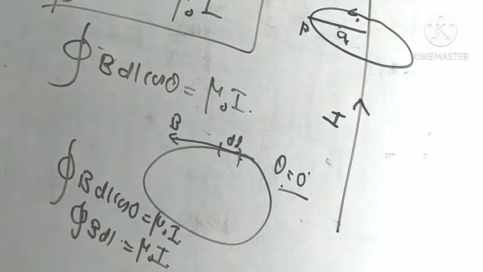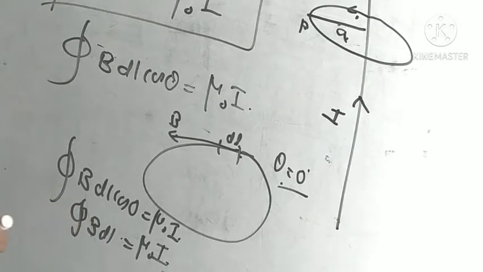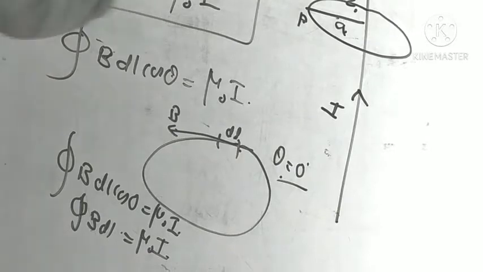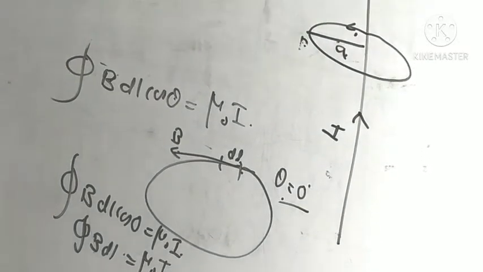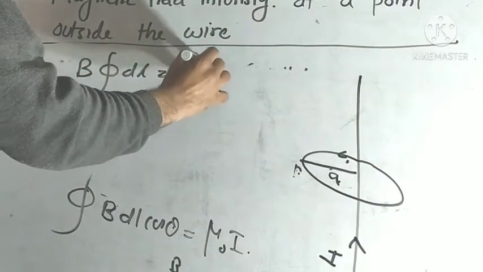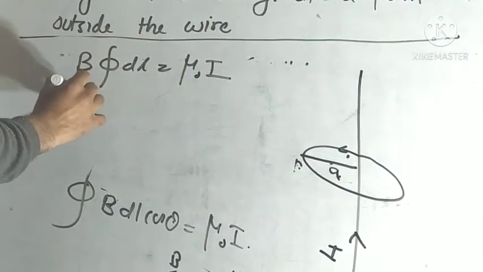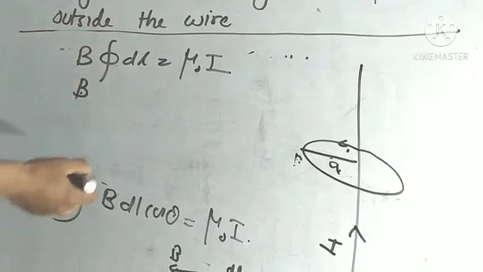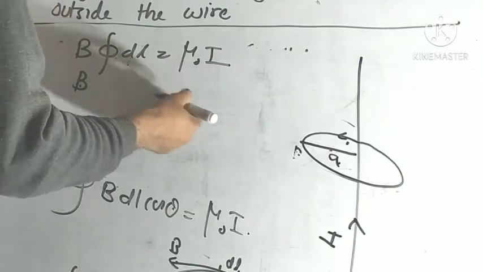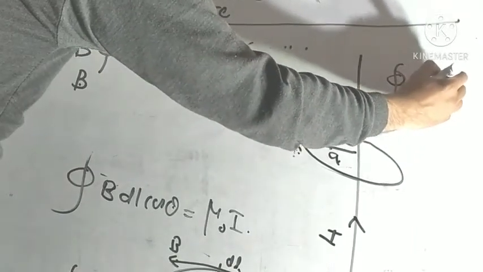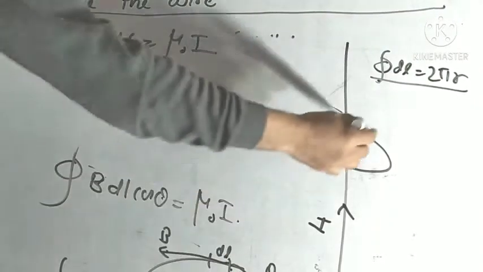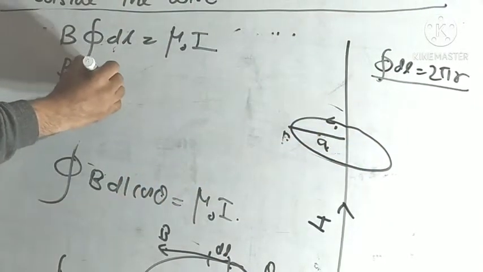Here B comes outside the integral because B is constant. B integral dl is equal to mu naught I. Integration of dl over this closed path gives the circumference of this closed path, 2 pi r.